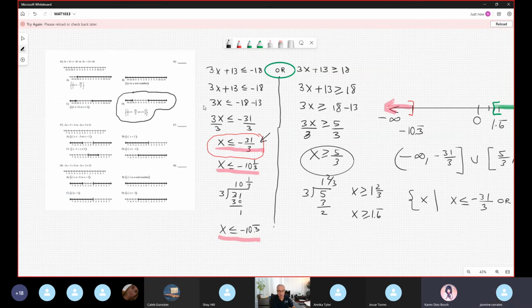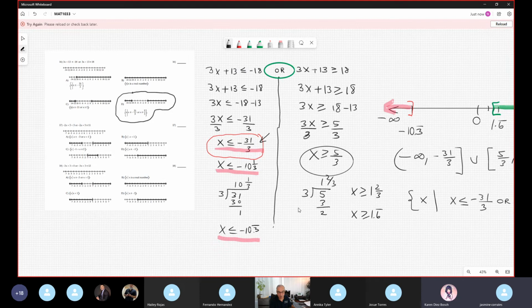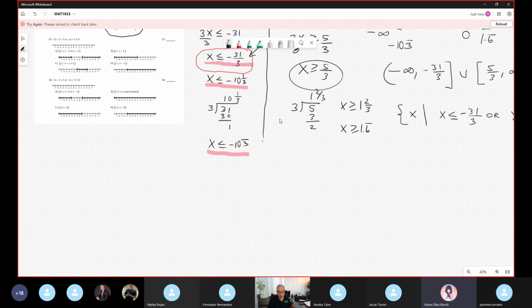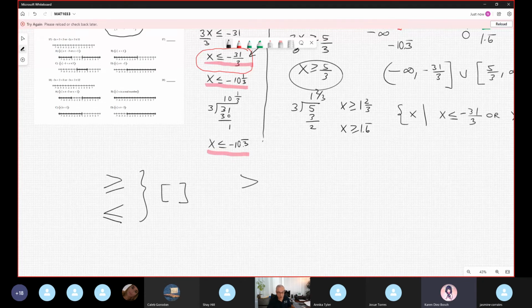I had a question about the brackets. Go ahead. I didn't understand earlier when you said we have to put the brackets and when we put the parentheses. Okay, repetition again. When you see an equal sign, greater than or less than with an equal sign, it is a bracket. When you see greater than and less than without an equal sign, it's parentheses.